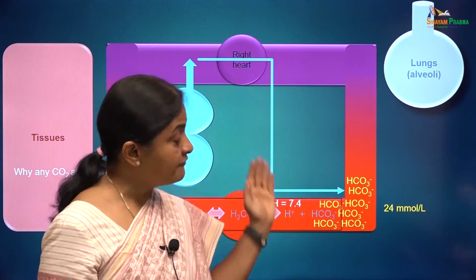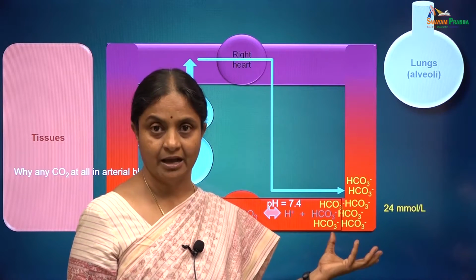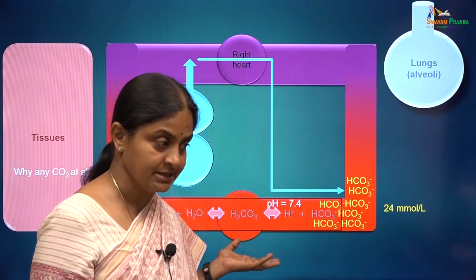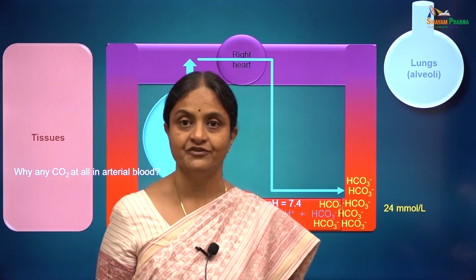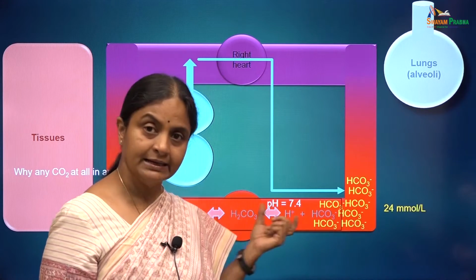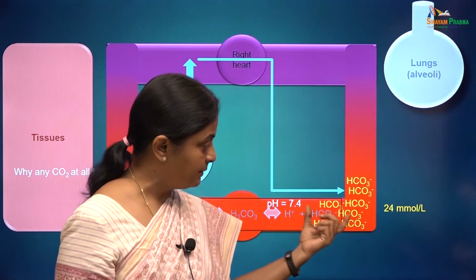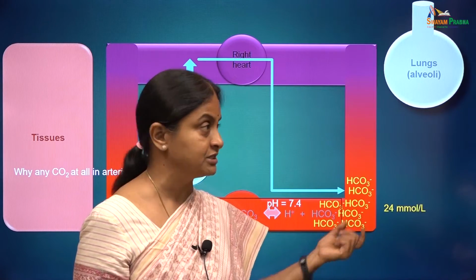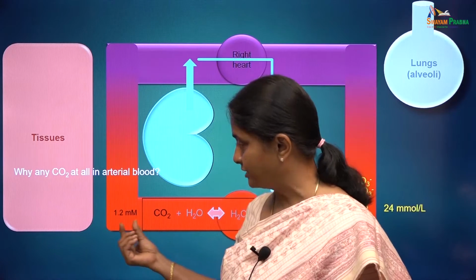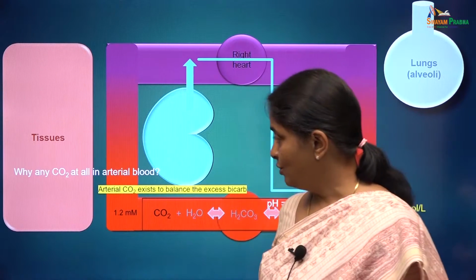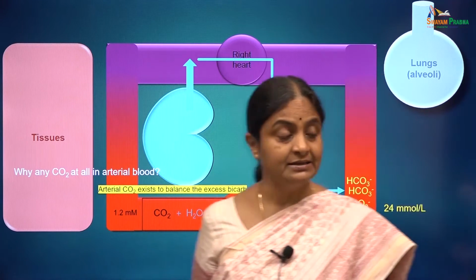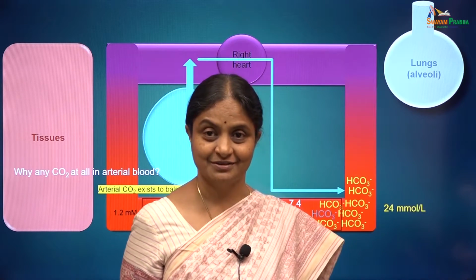The kidneys have to provide that amount of bicarbonate, and we have already seen that bicarbonate ions can form hydroxyl ions and therefore increase the pH of plasma. Therefore, to prevent alkalinization of plasma because of addition of bicarbonate ions, the lungs release a certain amount of carbon dioxide into arterial blood. Therefore, arterial carbon dioxide is necessary to balance the excess bicarbonate ions.